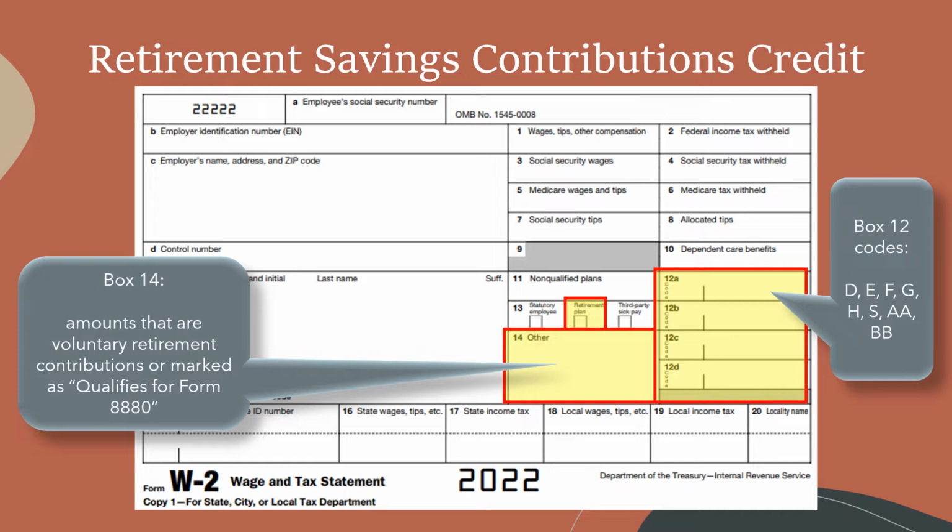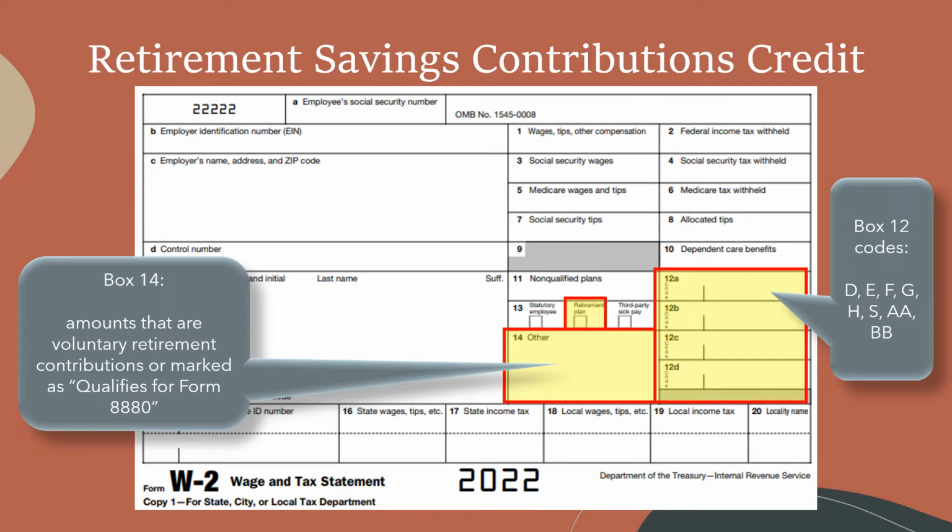In addition to that, we have box 13. That's that box with all the little check boxes in it, 3 little check boxes. The middle box there is retirement plan. So if that box is checked, again, we want to be talking with our taxpayer and asking them questions about, oh, I see you put into a retirement plan. Can you tell me a little more about that?